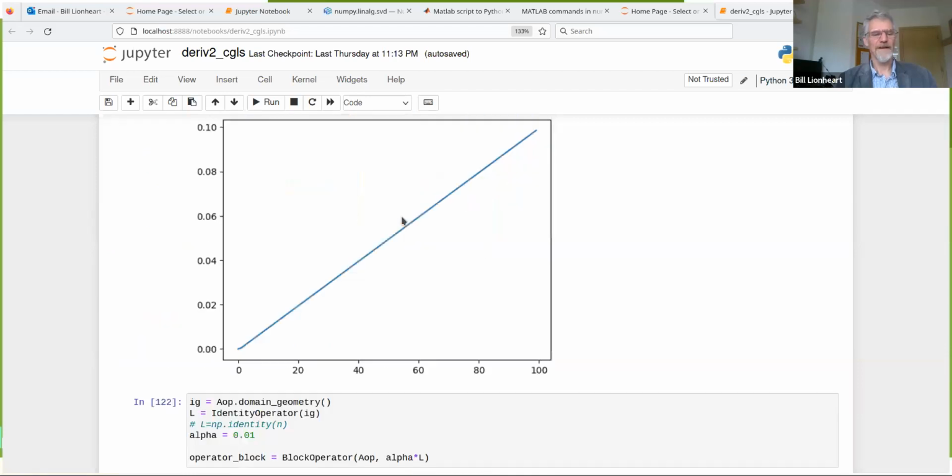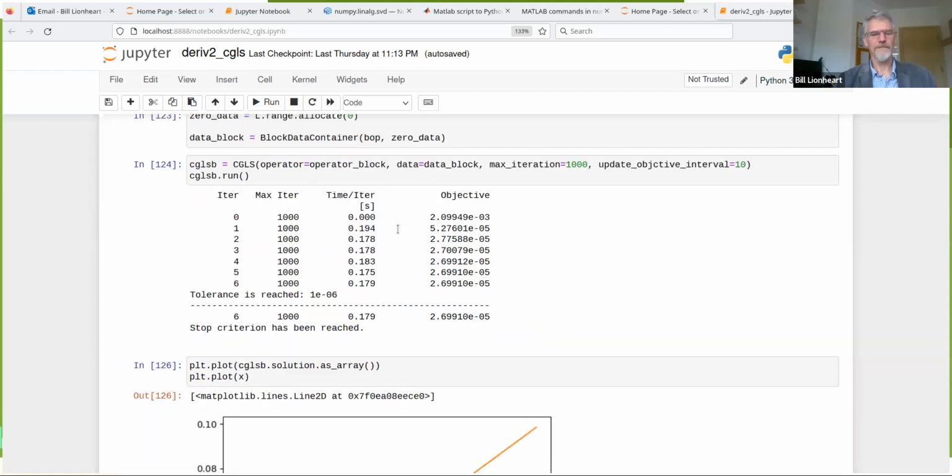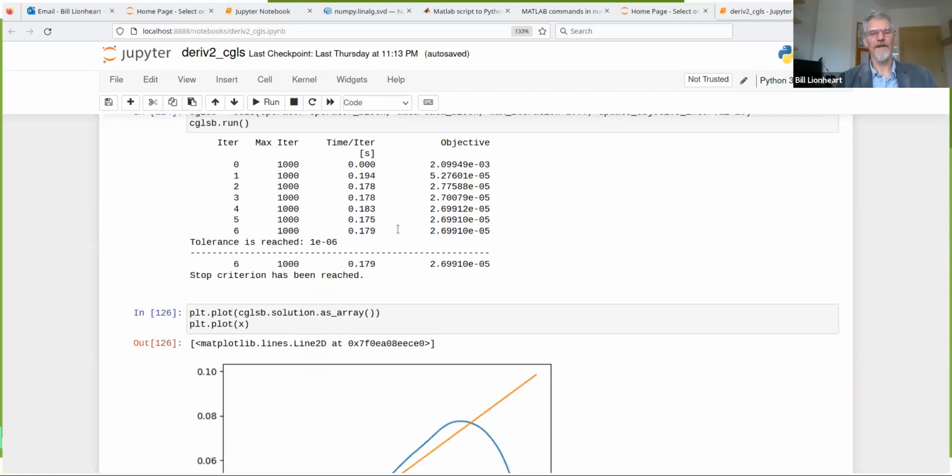So now we can do CGLS with Tikhonov by applying this to the block operator. Obviously, you might want to stop after you'd fit to a certain amount. One thing now is that this matrix is relatively well conditioned because it's augmented by the Tikhonov, and CGLS converges faster for better conditioned matrices.